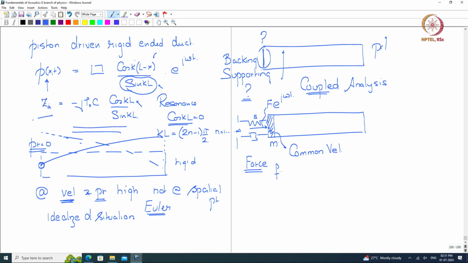So what you will get is the force is equal to Z mechanical total, let us say, times the velocity at 0 comma t, which is equal to Z_md, the impedance of the spring mass damper system, which is j m omega minus s over omega, plus Z_m0, the duct impedance, which is minus j rho 0 c S cot KL, times u of 0 comma t.